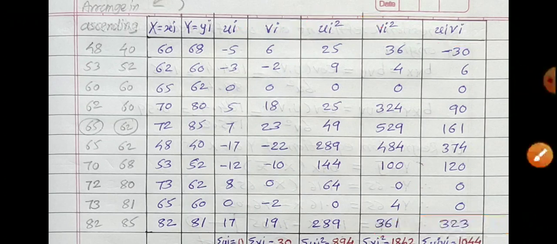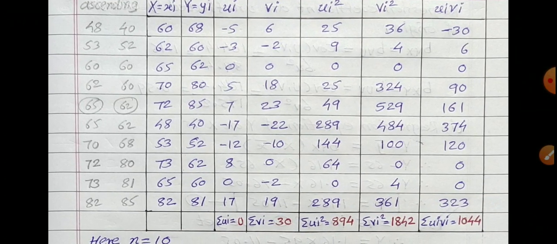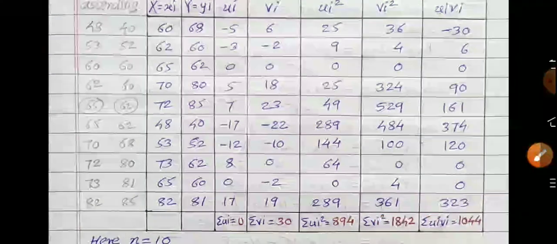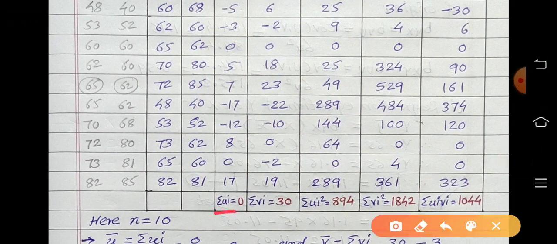We are changing the variable. Instead of x and y, x is replaced by u and y is replaced by v. So we make the squares and make the totals of the last 5 columns. Here the summation of ui is 0. How to find this addition?